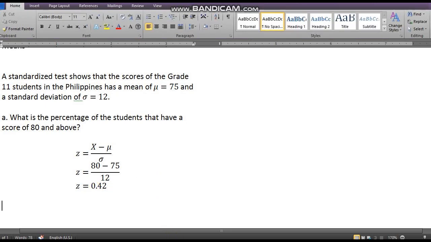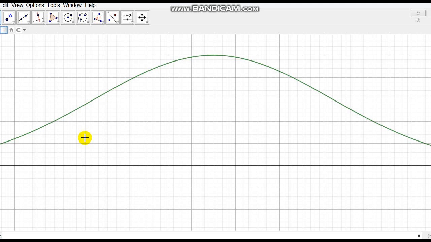From here, we know that our z-score is right here. The value of z is here in the middle, and we are looking for 0.42.